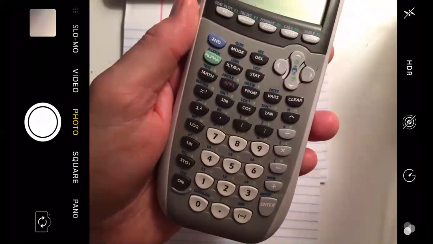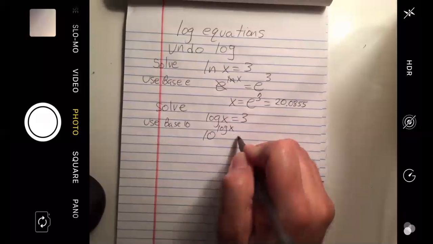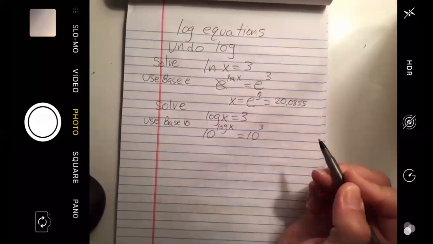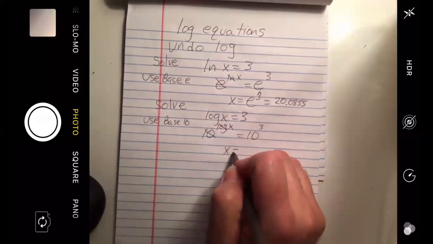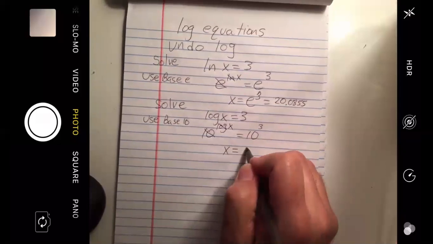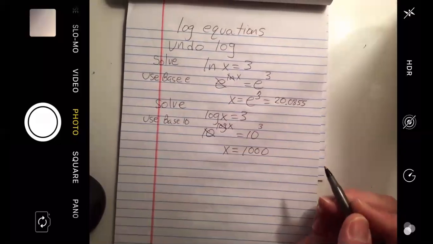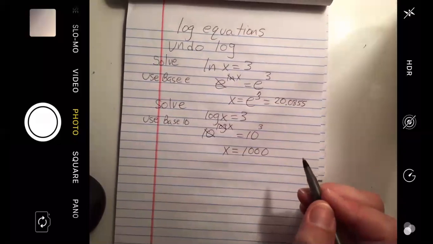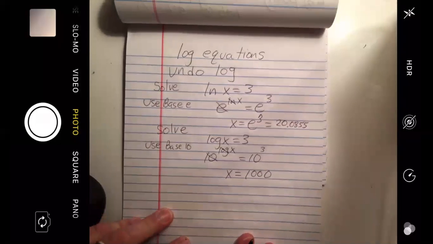So that says base 10. I go 10 to the log of x is 10 to the 3rd. These undo. Should be able to do 10 to the 3rd in your head. 10 times 10 times 10 is 1,000. That's the basic idea. And of course, the ones in the book have more steps.